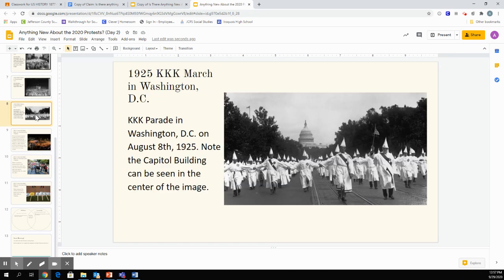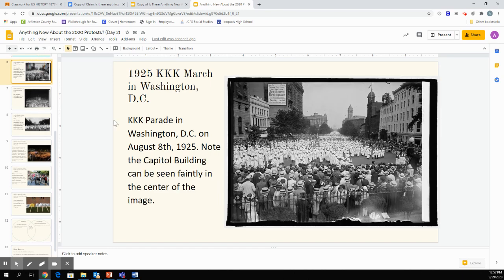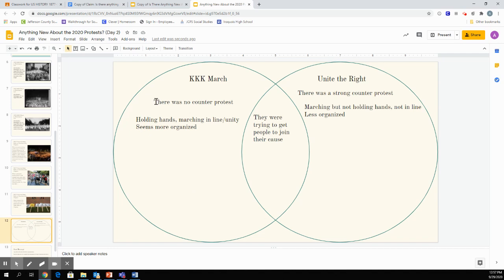Whereas here, there was no counter protest. People just kind of let this happen and watched it happen. And so I have this here. There was no counter protest in the KKK march. There was in the Unite the Right rally. So that's another difference. And then finally, a similarity is that they were all trying to get people to join their cause. That's just one similarity among others.